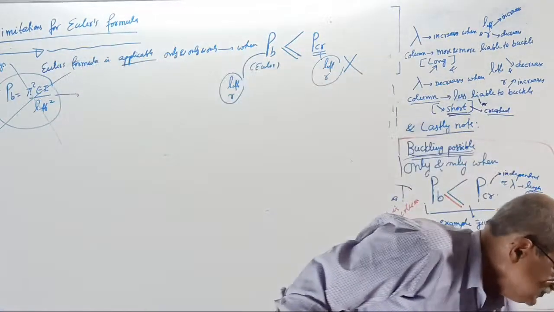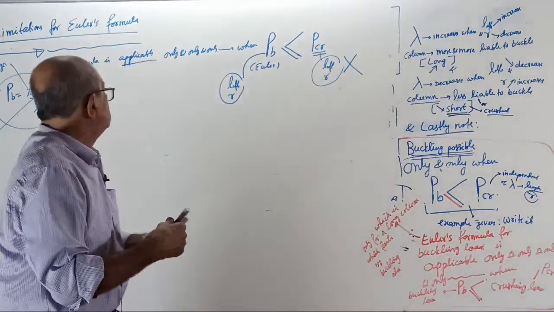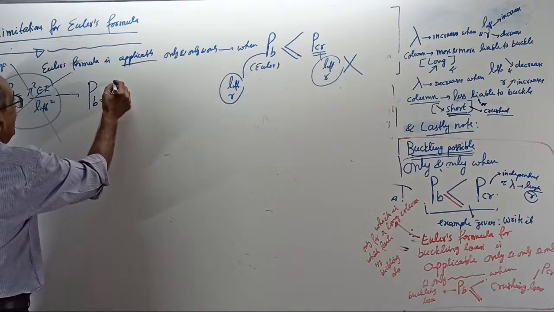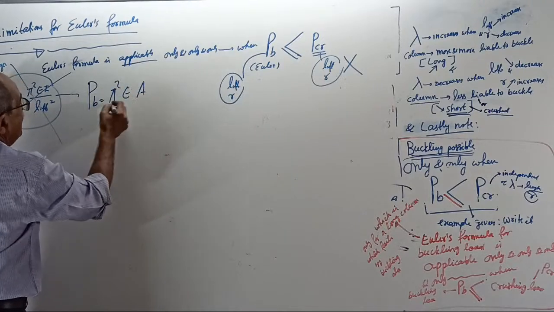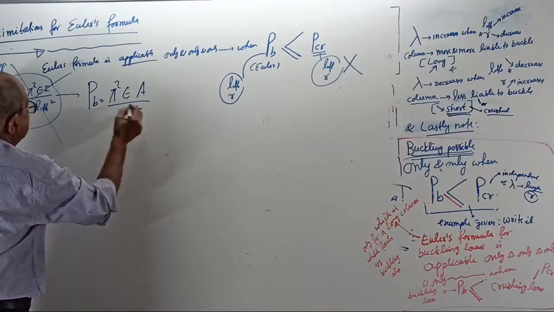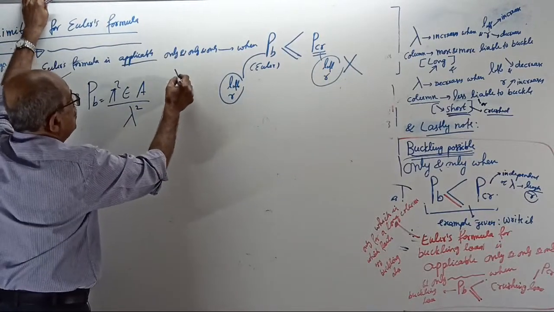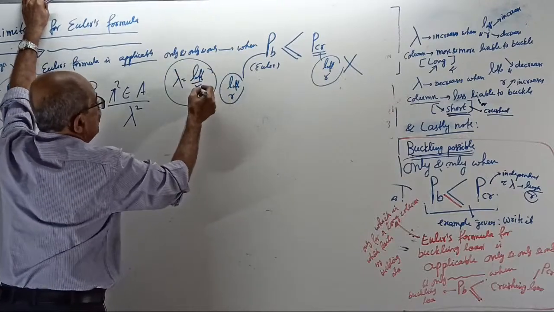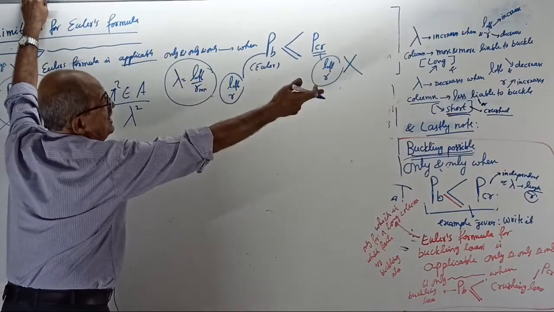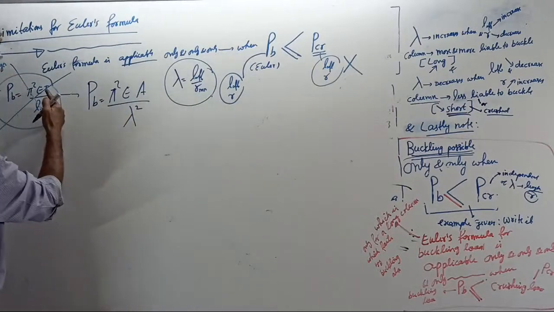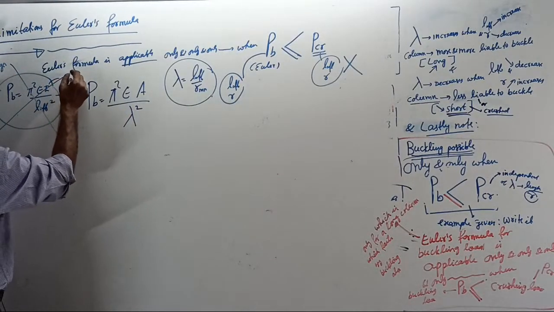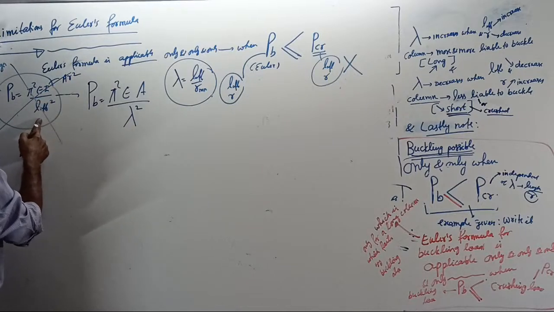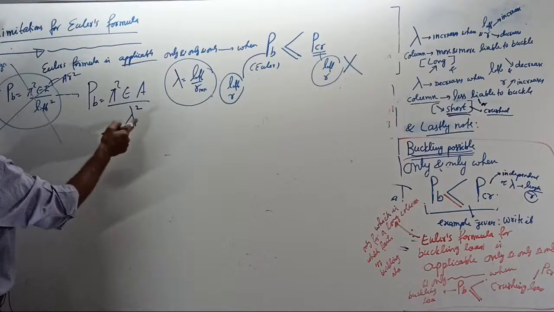Therefore, Euler's formula is better understood as PB equal to pi square E into A by lambda square, where lambda equals L effective by R, the slenderness ratio. Why? You put I equal to A R square. A will come, R square you take in the denominator, L effective by R whole square, lambda square.